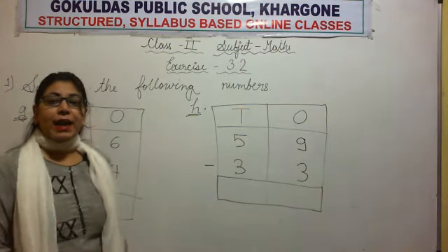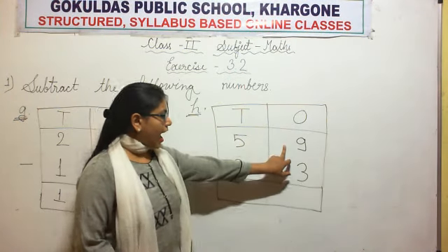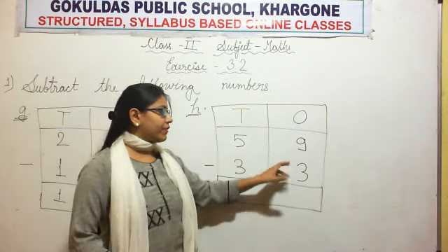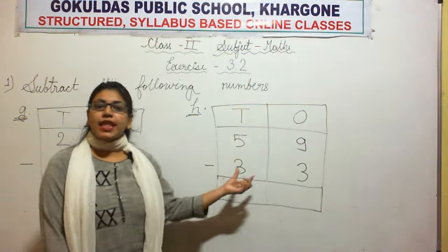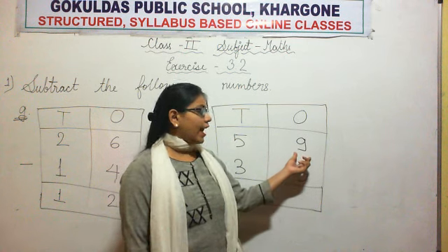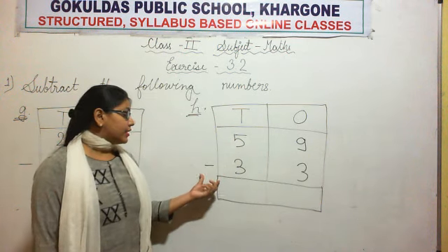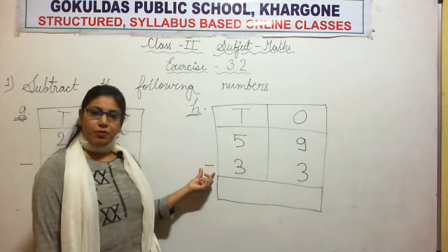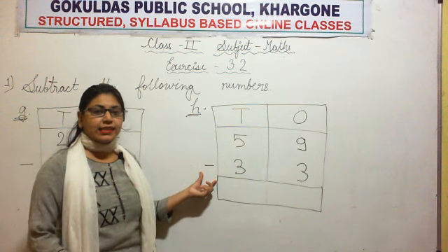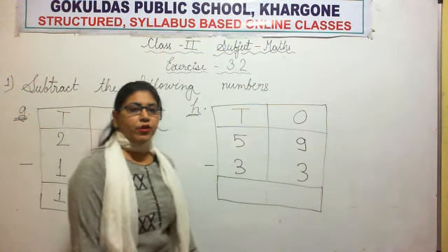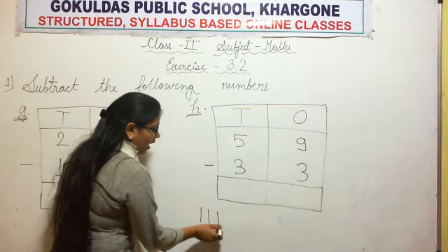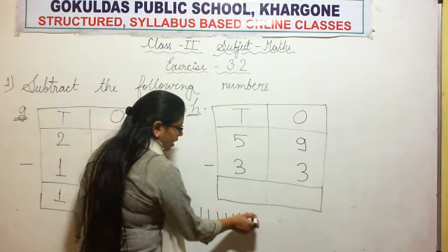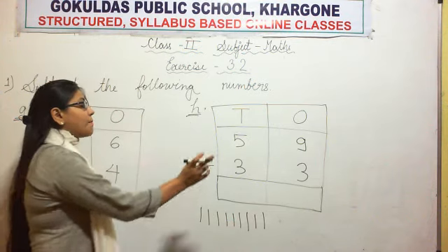Now 9 minus 3. First of all, we will see the number, then we will check the sign, then we will see the other number. 9 is there, and the sign is minus, so we will subtract, or take away, or cancel these sticks. So let us draw 9 sticks first: 1, 2, 3, 4, 5, 6, 7, 8 and 9.